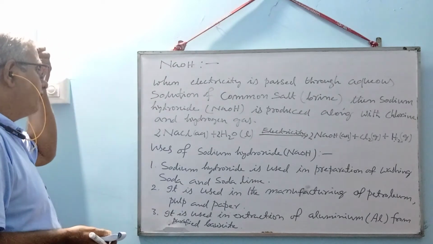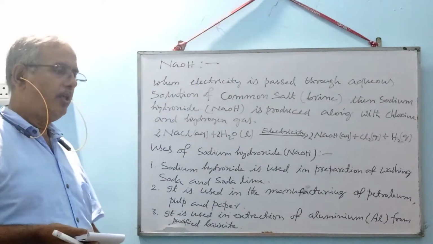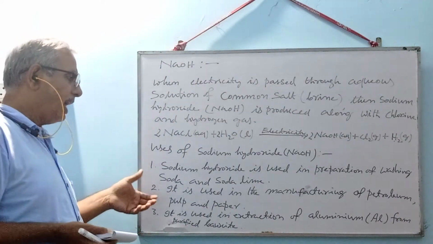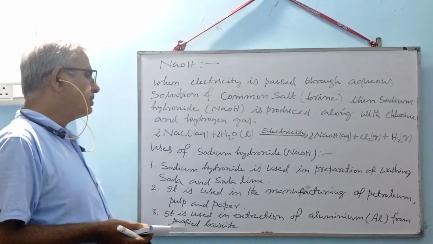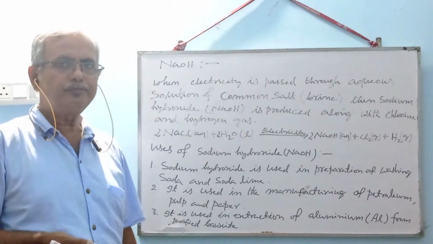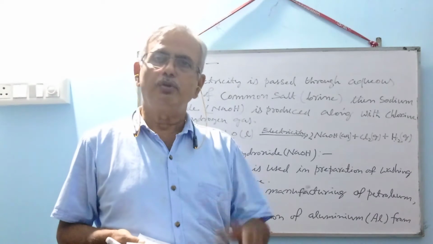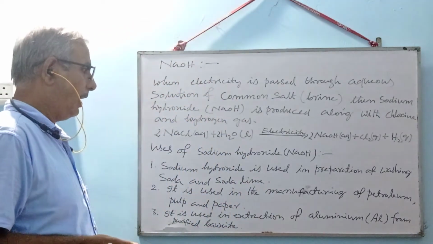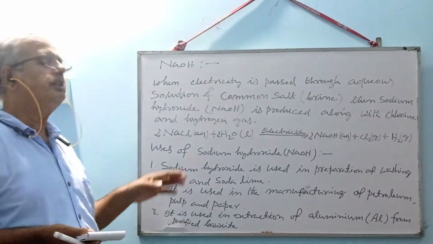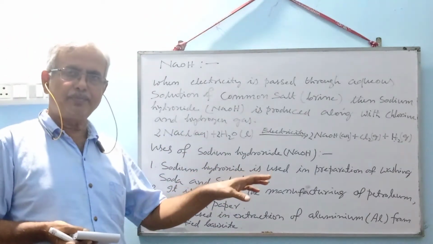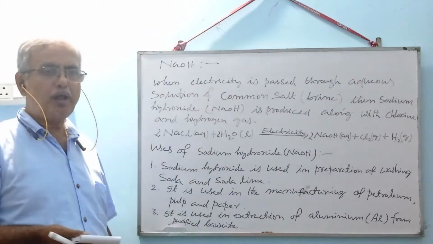My dear students, after that, uses of sodium hydroxide. Several uses are there, few of which I am mentioning here. Number 1, sodium hydroxide is used in preparation of washing soda, soda lime, etc. Second, it is used in the manufacture of petroleum, pulp and paper. Pulp is what?